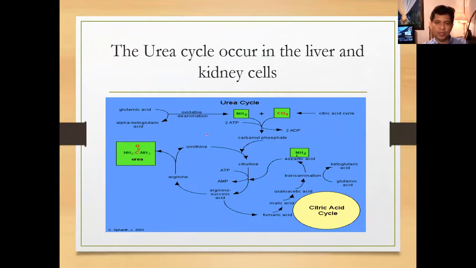Yung ammonia na natanggal sa amino acid, eventually nagiging urea siya. Kaya ang tawag dito is the urea cycle. So the urea cycle occurs in the liver and kidney cells.